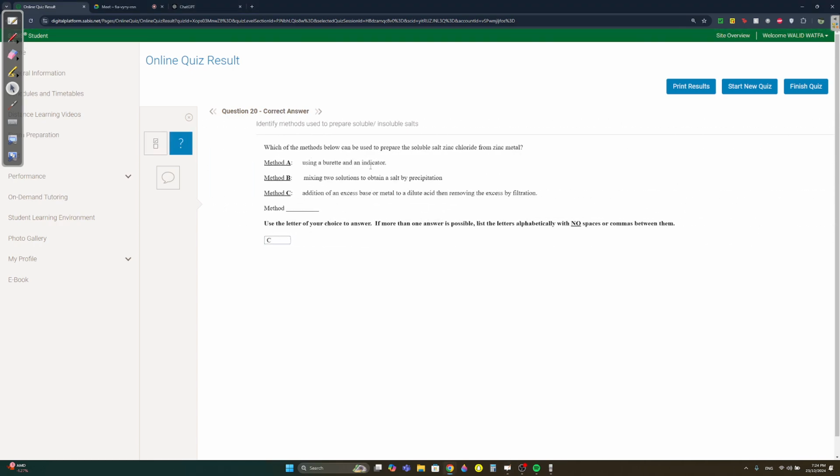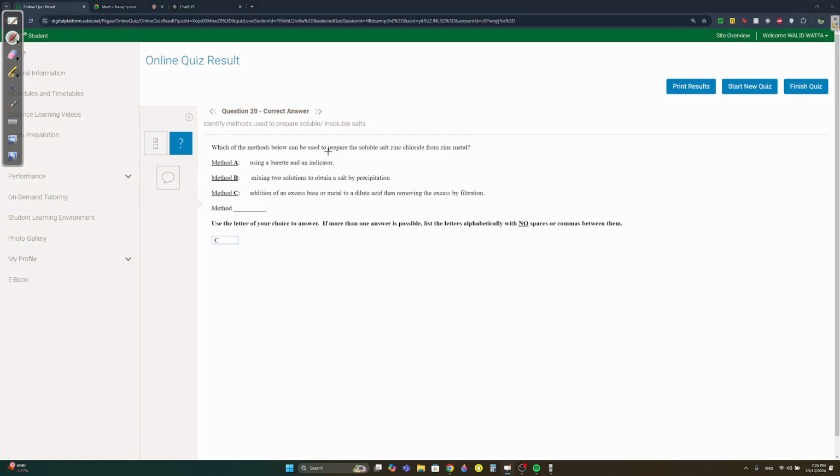Question 20. You have methods A, B, C. They want to prepare a soluble salt, zinc chloride. First, since it's soluble, we're going to X out method B, because precipitation is for insoluble salts. Soluble salt zinc chloride from zinc metal. Zinc chloride is my product, and zinc metal is my starting material.